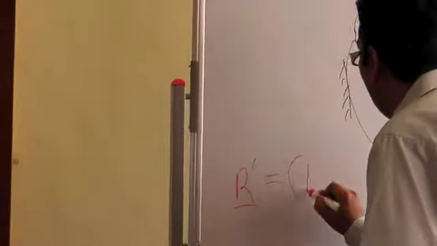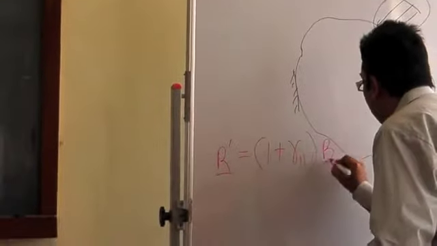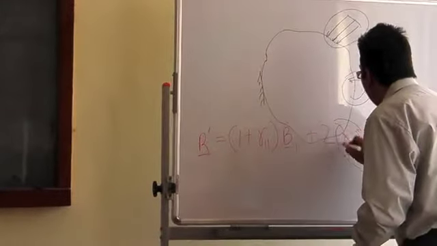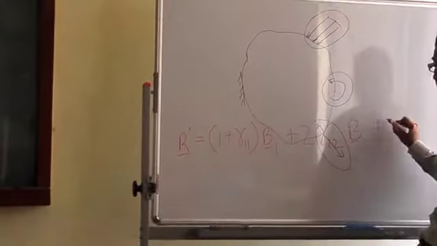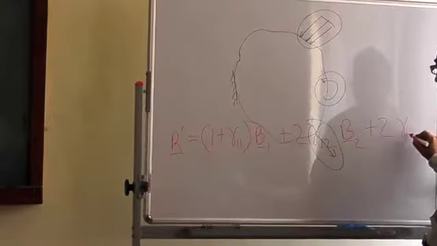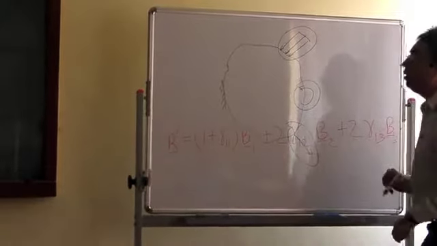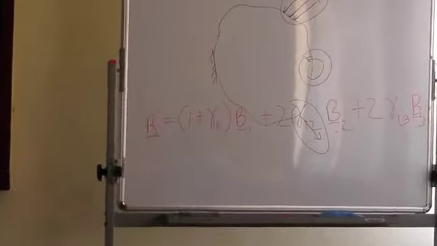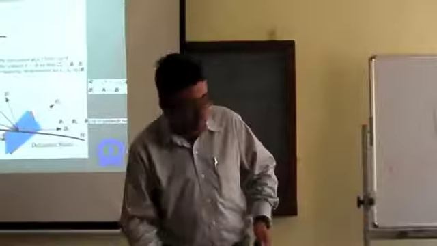R prime is equal to 1 plus gamma 1 1 along B1 plus 2 gamma 1 2 along B2 plus 2 small gamma 1 3 along the vector B3. The second line is okay. There are no additional terms here. There are some terms missing because of the aspect ratio problems.